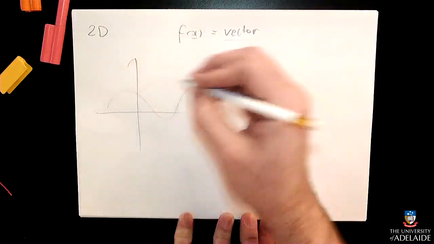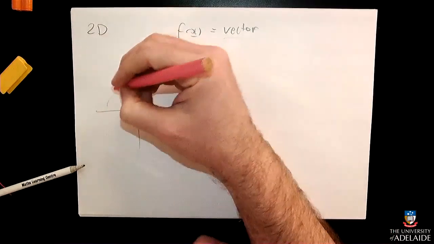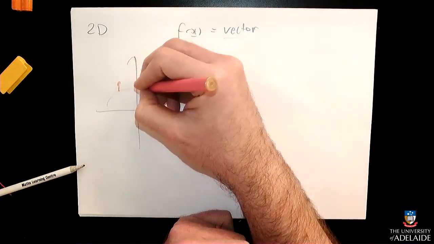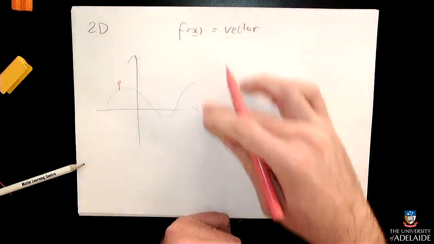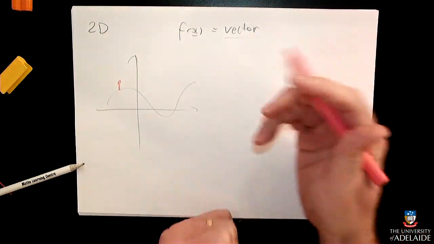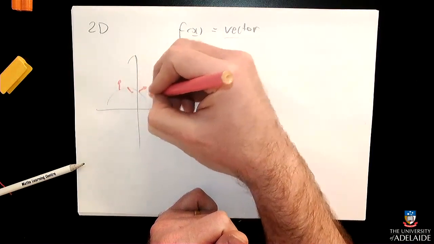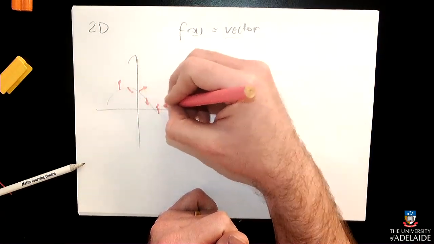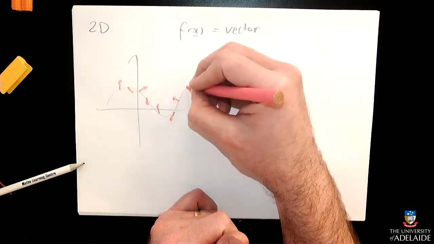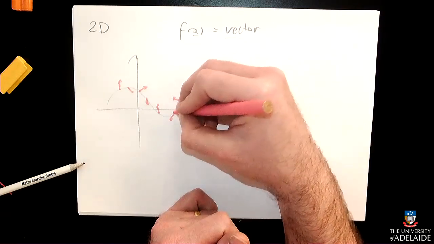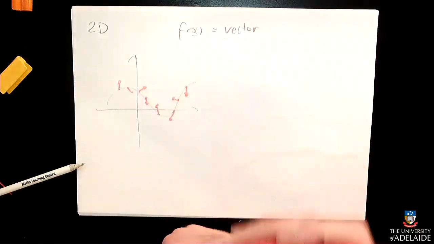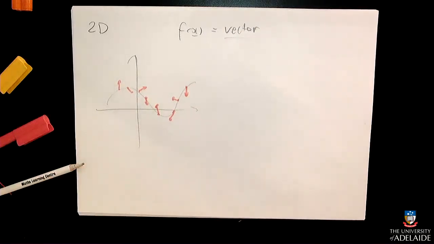So we have our curve, and at every point on the curve, technically at every point in space, there's a vector. Every point in the plane has a vector, and some of those are attached to points on the curve. And for every one of them, I'm going to do this.